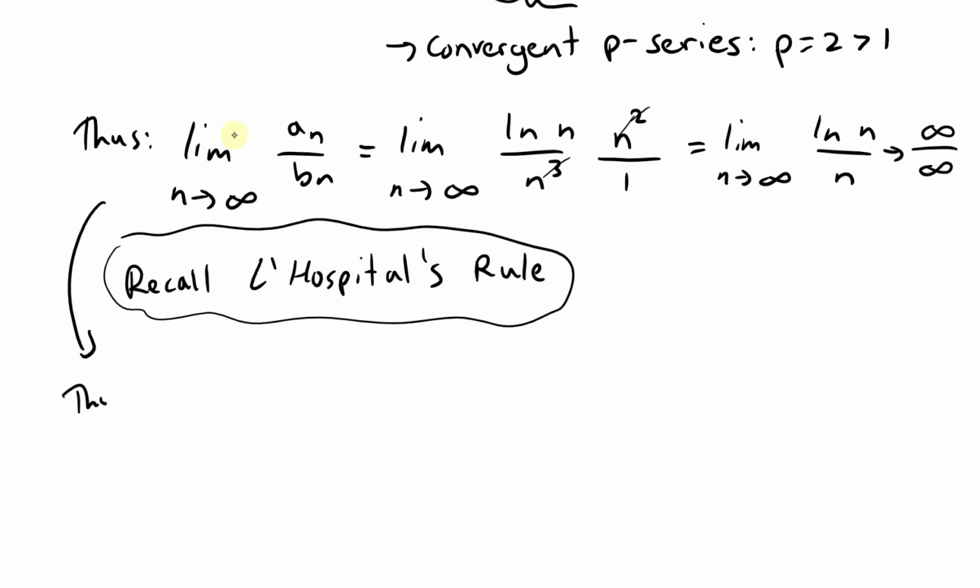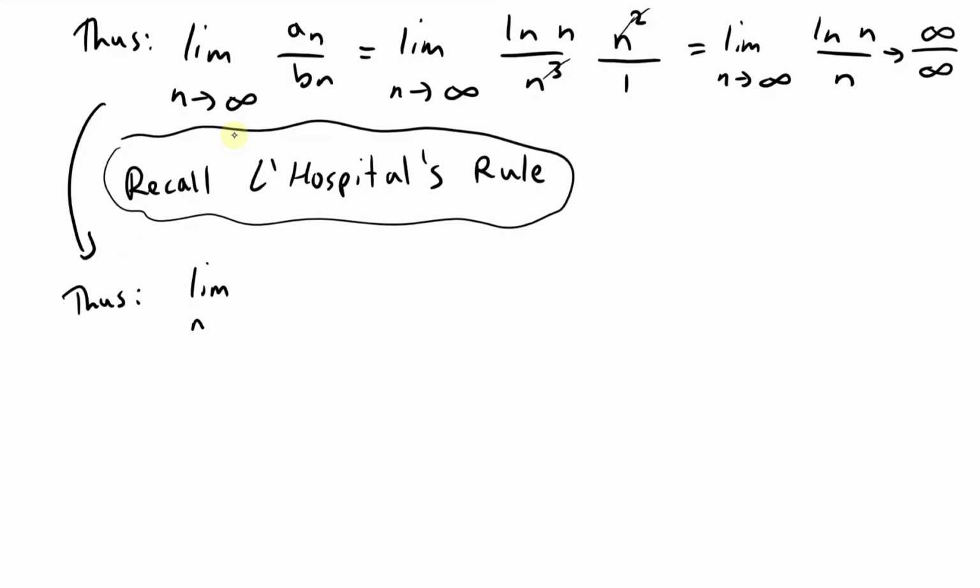So to use L'Hopital's rule, it needs a function. This is just a series, so I'll have to convert it into a regular function. The limit as n approaches infinity of ln n over n equals the same thing with x, because it doesn't matter if this is just integers, it's the same thing as you approach infinity.